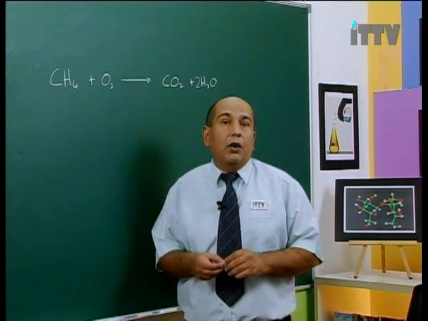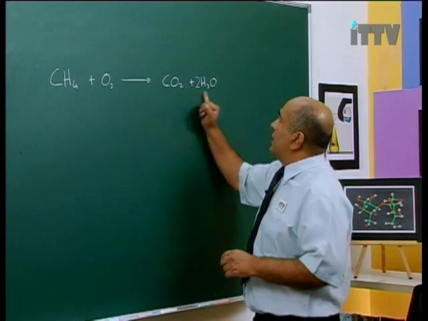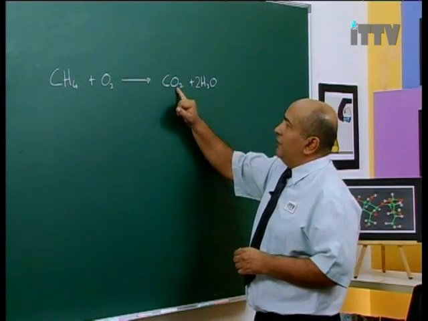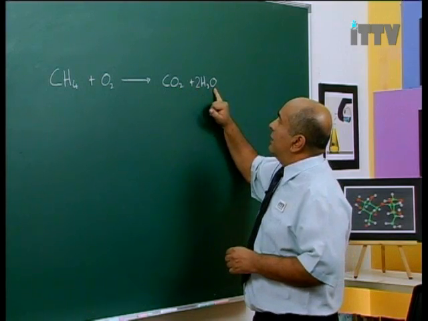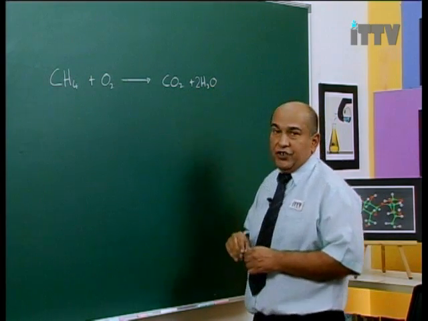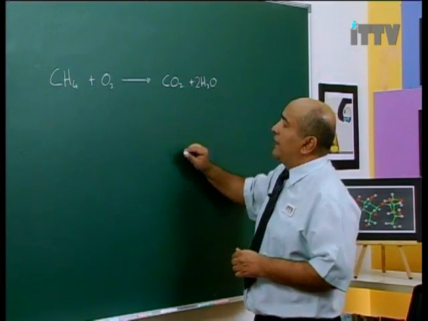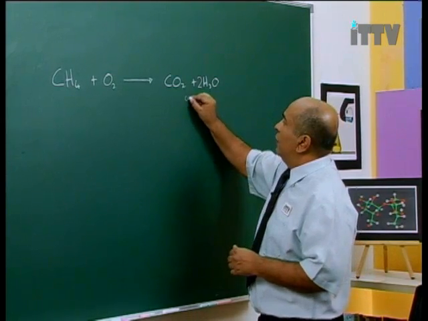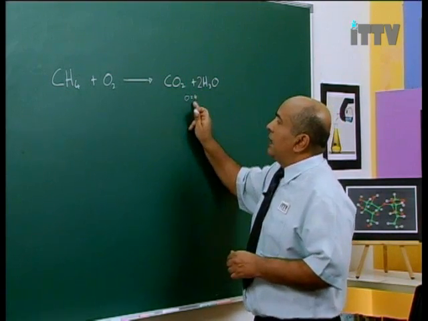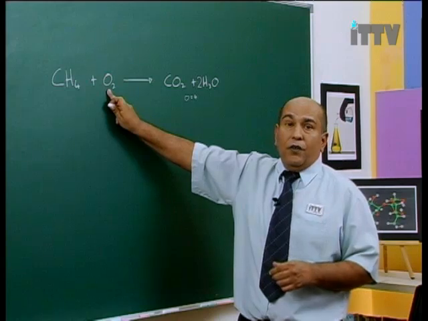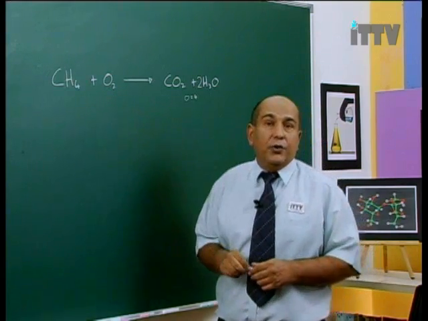This leaves me oxygen. I count the number of oxygen on this side. I have 2 oxygen here and 2 times 1, 2 oxygen here. So altogether on this side I have 4 oxygen. O equals 4. I need to make sure that I have 4 on this side as well. How do I do that?